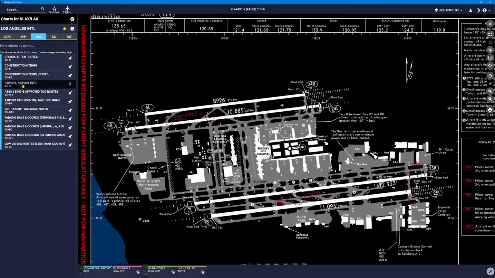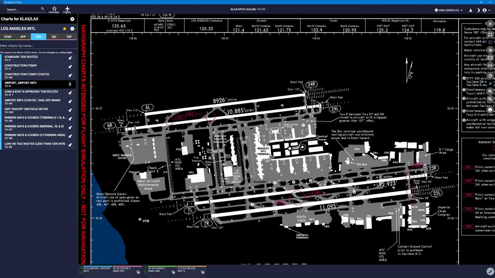So here's 24 right. Here's 24 left. Then over here is 25 right, 25 left. That essentially is the direction the runway is facing.